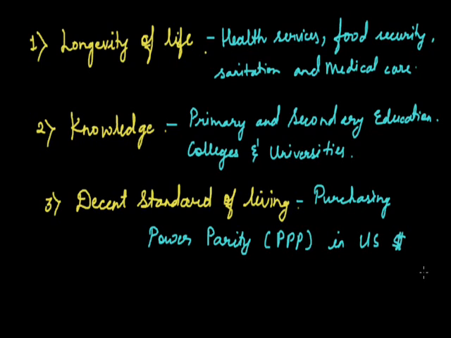So these three criteria are included to calculate the Human Development Index, and the rank of a country is determined by the overall achievements in these three basic dimensions. Now, if we place our country in this data, we'll find that India stands at 126th position in the data of 2004.